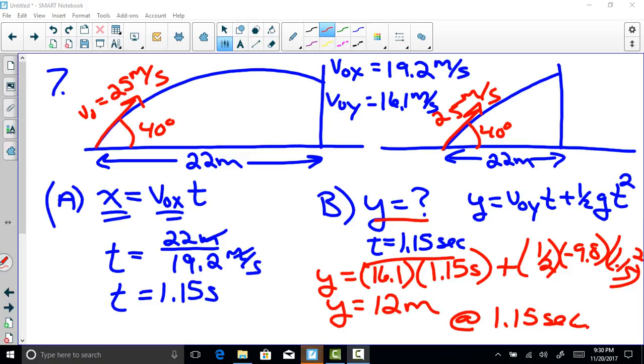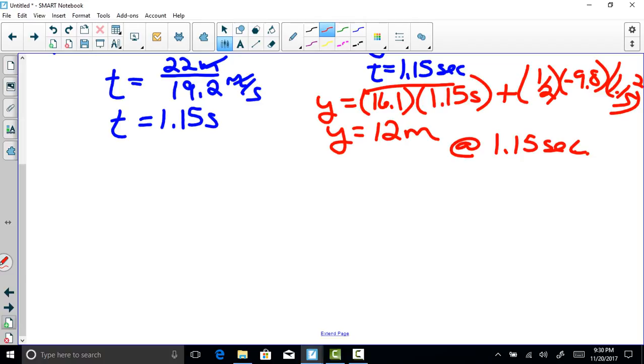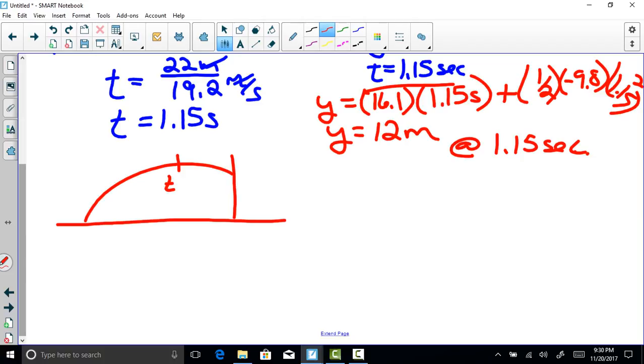There are a couple of ways to figure that out, and I'm going to take the easy road here on this one. One of the things we can do is find the time that it takes to get to the peak. It really doesn't matter where that peak is, because if I find the peak time and it is past the time it takes to get to the wall, then we'll know whether we've gotten to the wall or not.